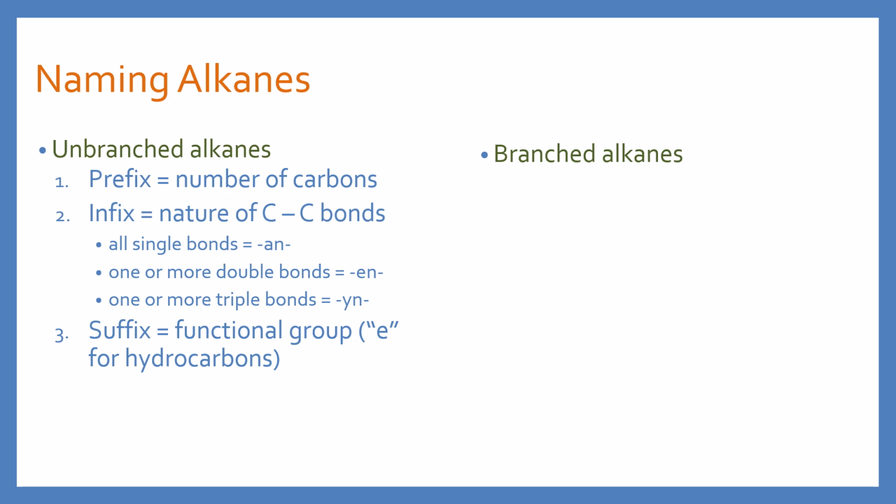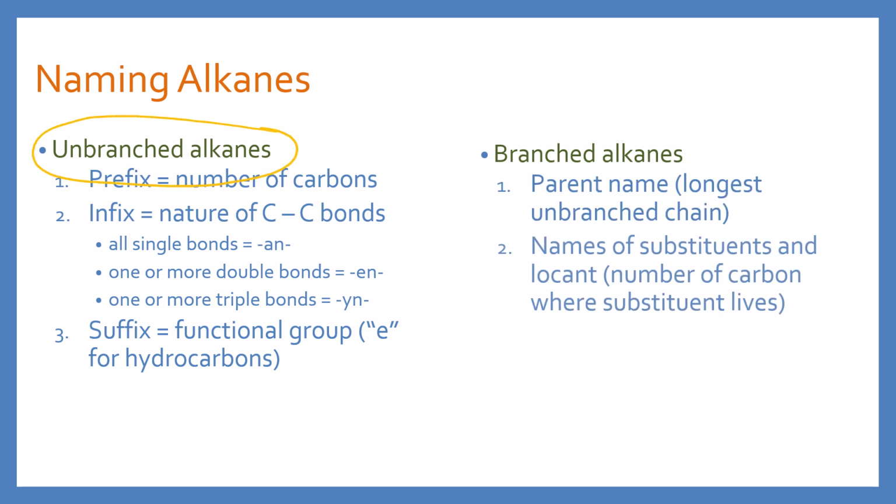For branched alkanes, this means that you have an alkane that has an unbranched alkane as a base, and then it has some sort of decoration. You're going to use the parent name, which is the longest unbranched chain. And then you also need to add on the names of the substituents and a locant, which tells you the number of the carbon where the substituent lives.